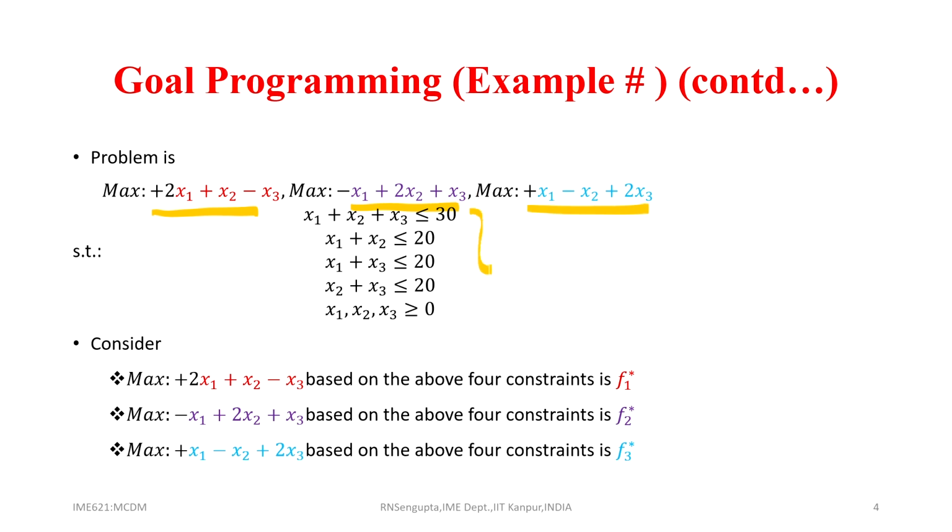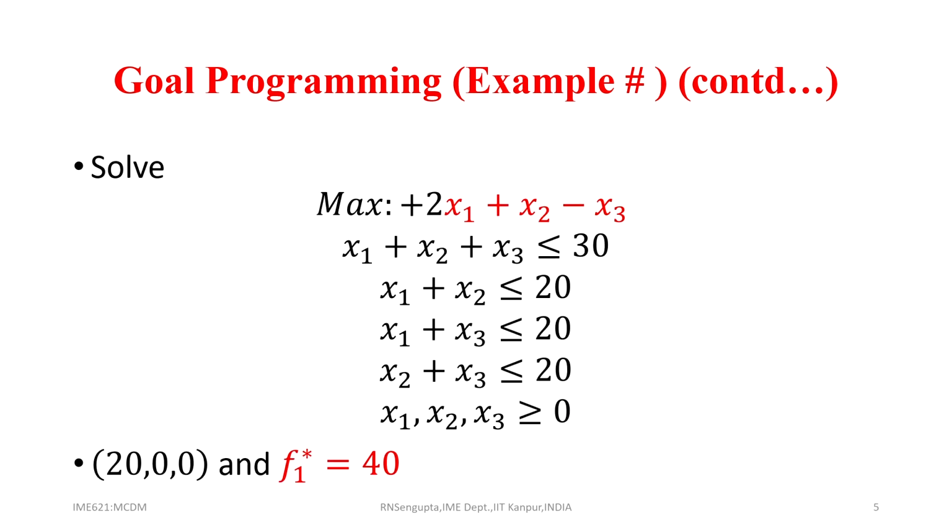These are the constraints. We maximize them separately, and the results are F1 star in red for the first objective, F2 star in violet for the second objective, F3 star in blue for the third objective. You have already seen this, so I am not repeating it.